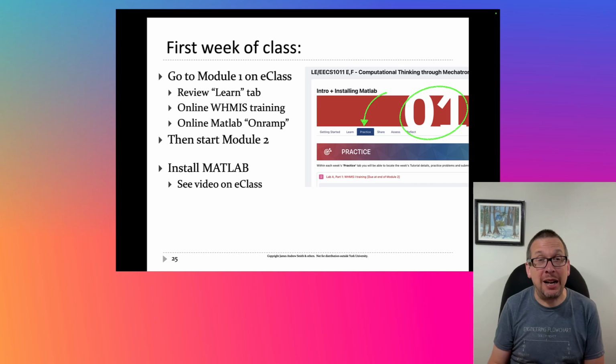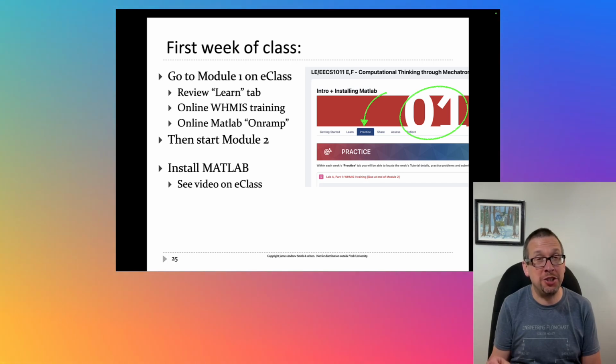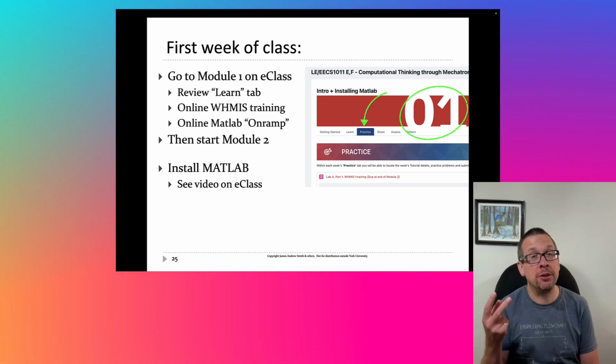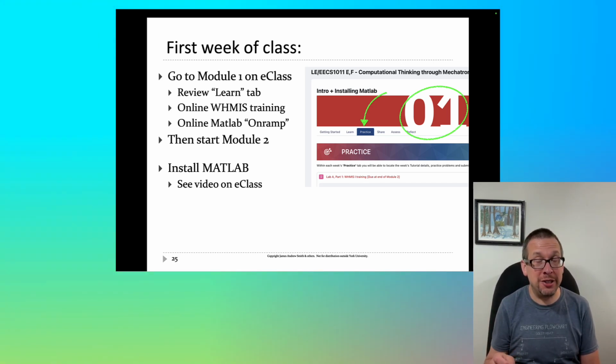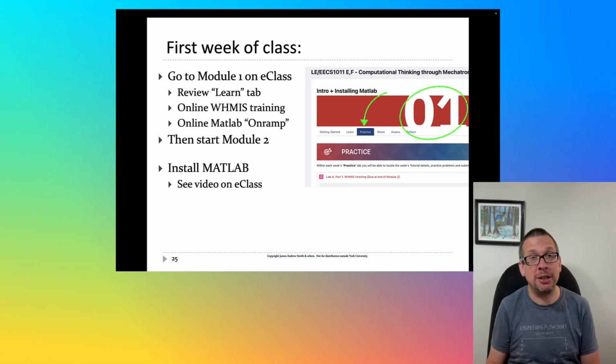In the first week of class, the lab itself is a homework lab, so you don't do it in the physical lab or with teaching assistants. You'll be doing it on your own. There are 2 parts: a health and safety training called WMIS 1, and a MATLAB on-ramp lab. Those instructions are posted on eClass.